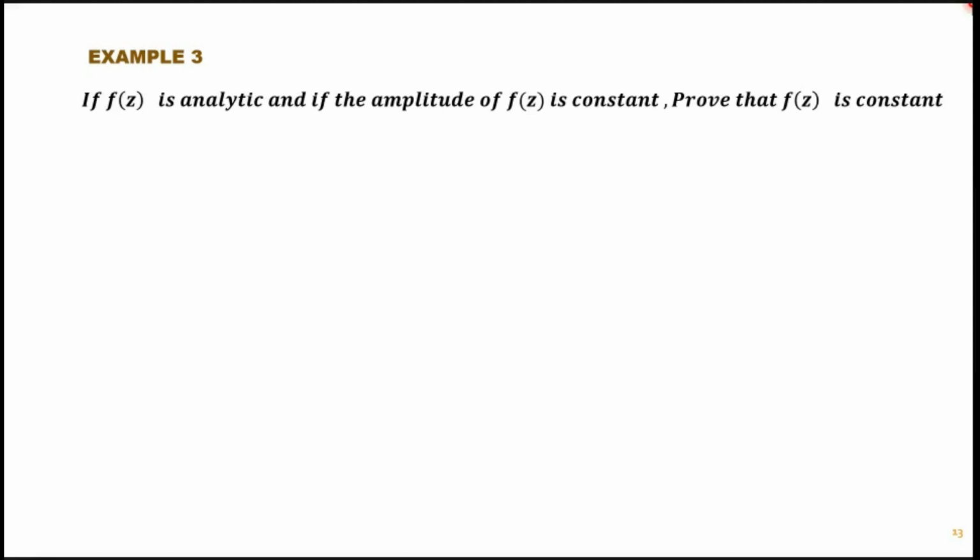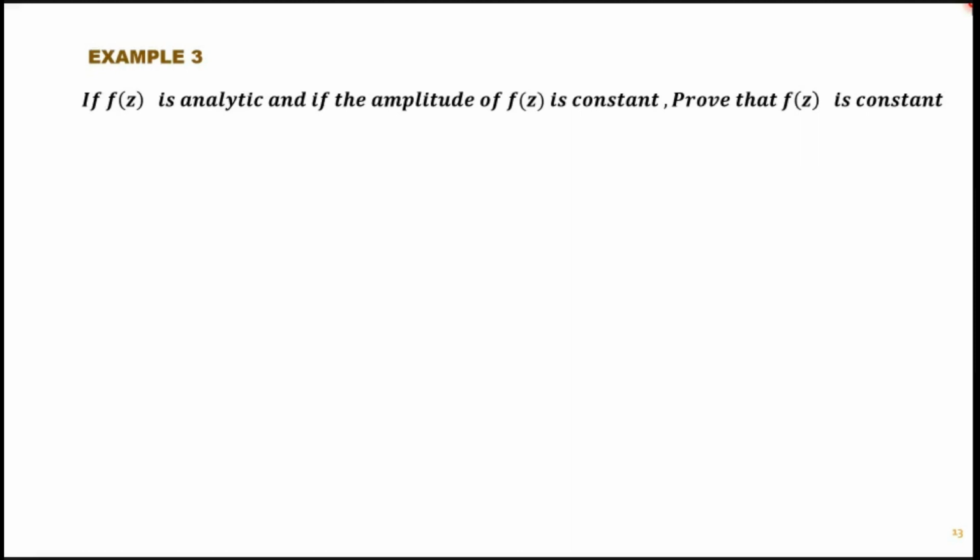If f of z is analytic and if the amplitude of f of z is constant. Now amplitude is same as your argument. Okay, what we have done, modulus and argument in semester 1 under complex numbers. Amplitude or argument both means the same.